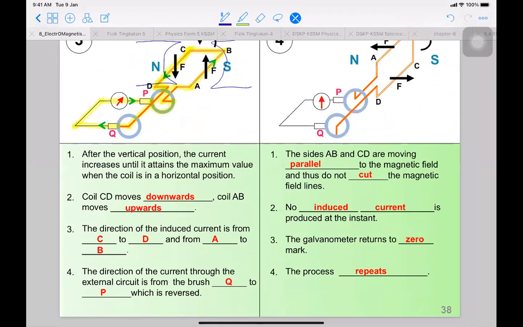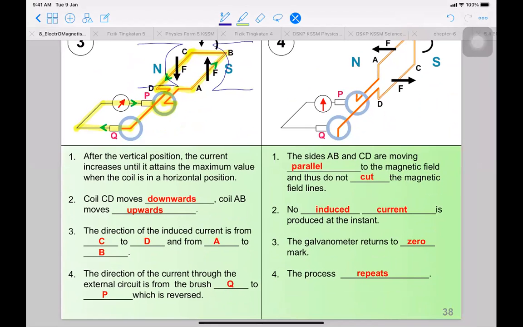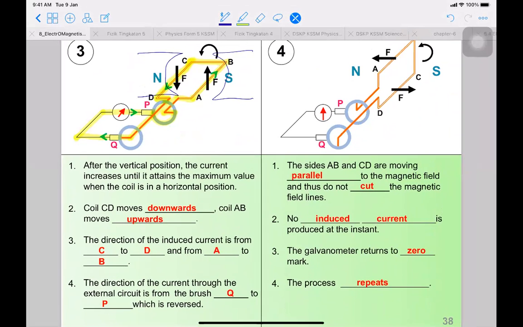Yeah. So the direction of the current through the external circuit is from the branch Q to P, which is reverse. So dia punya pointer on the galvanometer is pointing in this direction.